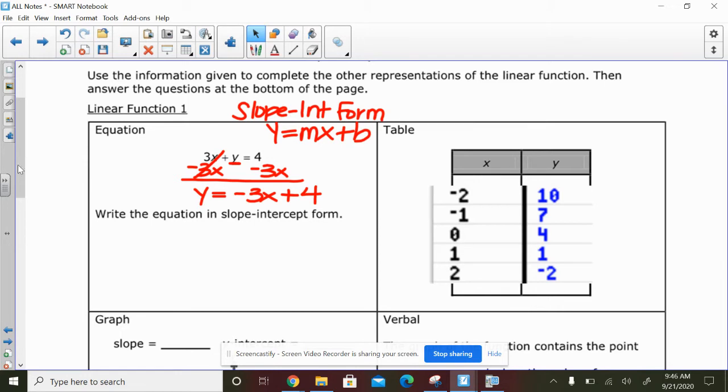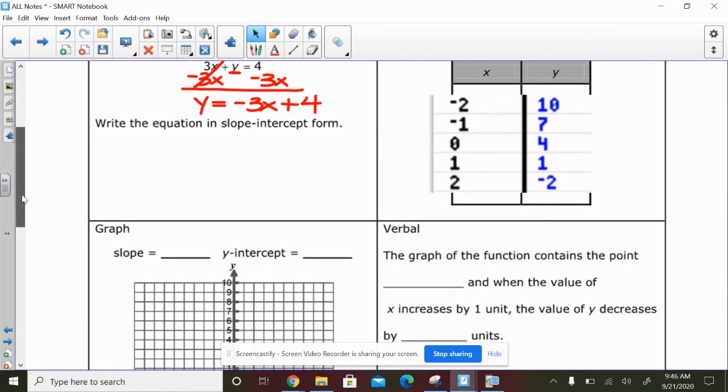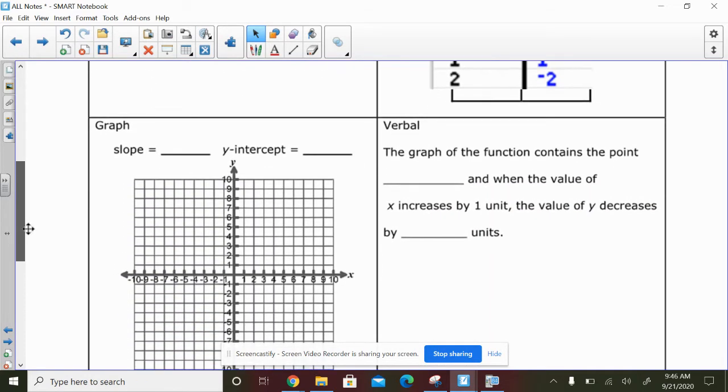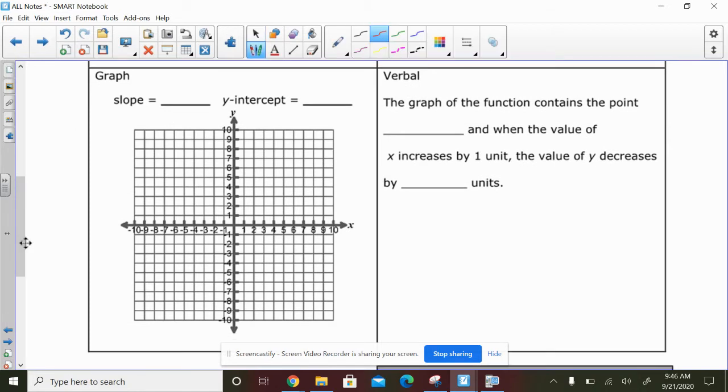All right. From there, if we graph, we look at our equation. So our equation again was y equals negative 3x plus 4. That means your slope is negative 3. Your y-intercept is 4. So when you're graphing, you graph your y-intercept first. I'm going up to 4. My slope is negative 3 over 1. So because it's negative, remember your line will be in this direction.